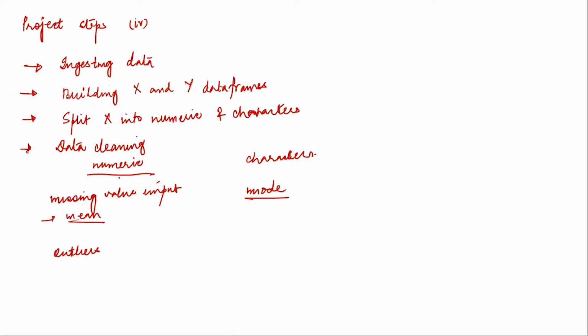There is no concept of outliers for characters, so in case of the numeric ones, we will do capping and flooring of outliers. Once this is done, data cleaning is more or less done.